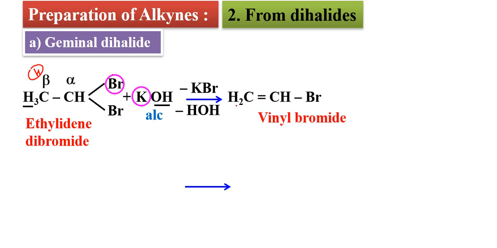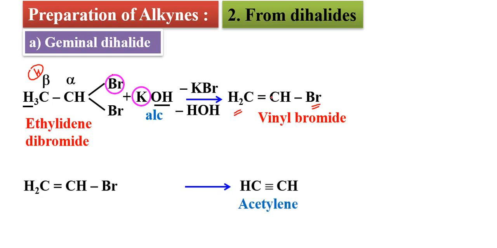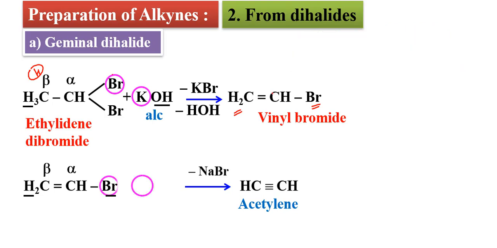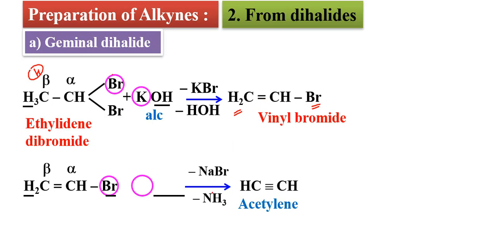If you use excess amount of alkali KOH, again this bromine and one more hydrogen will be removed, forming alkyne, but that yield is less, that's why we are using sodamide. By using sodamide we can get more yield. Sodamide means NaNH2.